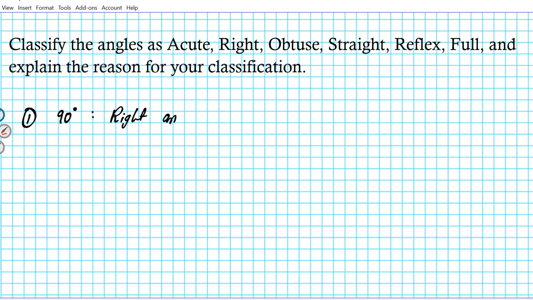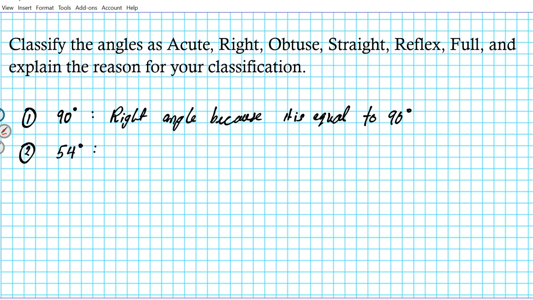And why do we know that this is a right angle? It's a right angle because all right angles are equal to 90 degrees, okay? Number 2, what if you have 54 degrees?